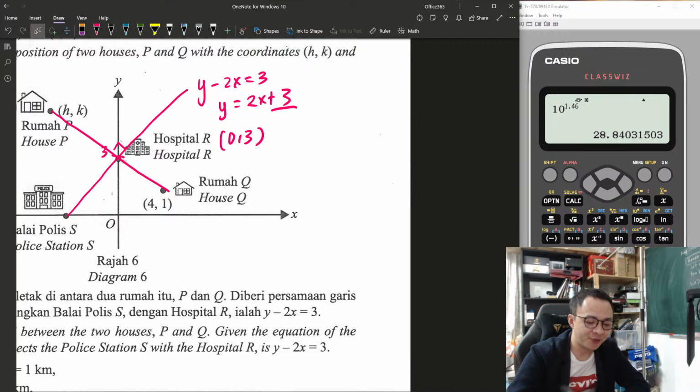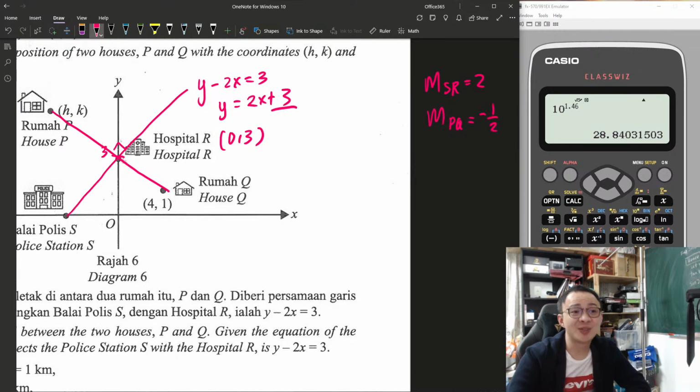So first thing is the gradient of SR, which we already have, is 2. After I rearrange y equals mx plus c, I should be able to easily get m equals 2. So I can get the gradient of PQ. Because it's perpendicular to SR, it will be negative 1 over 2. Just negative 1 divided by the gradient of SR. Okay, m1 times m2 equals negative 1 for perpendicular.